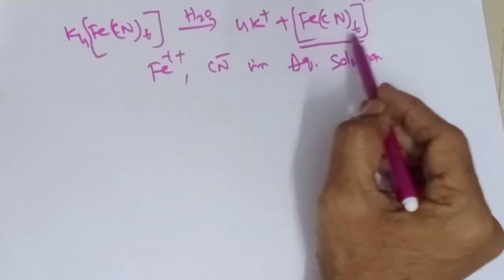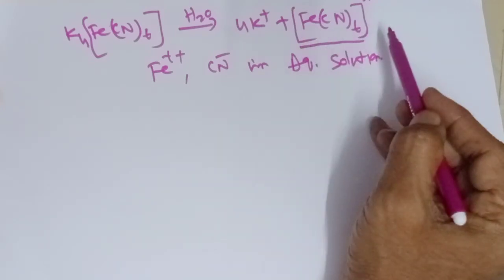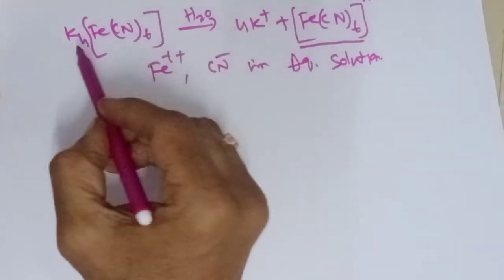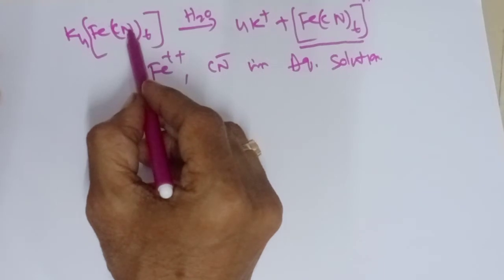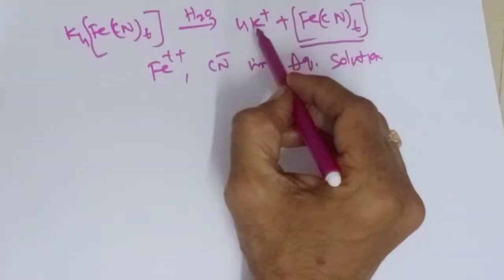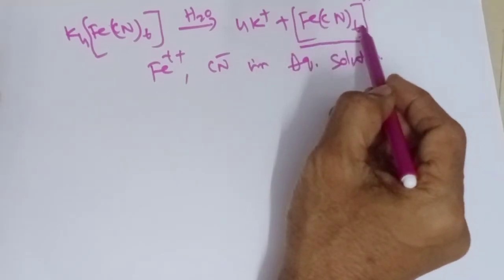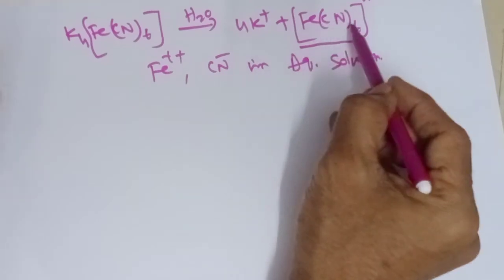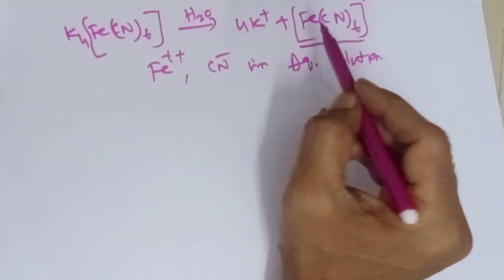Some ions present in the complex are not obtained when they dissolve in water. Please note it. When you dissolve in water, we have only K plus ions and [Fe(CN)6]4- ions. No question of ferrous ions, no question of cyanide ions. This is nothing but a complex.